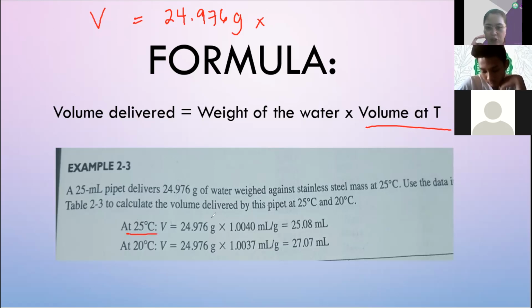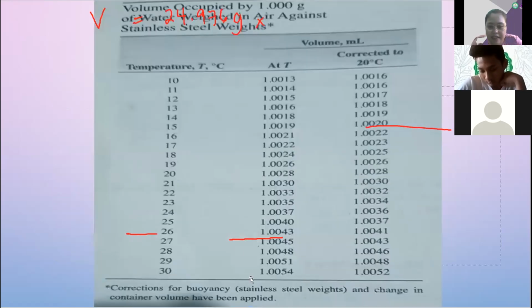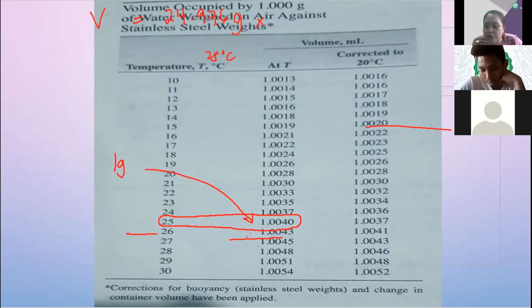Where do we get this value? From the table. Let's go back to the table. Let's find, class, the temperature which is 25 degrees Celsius. Here is the 25. At 25 degrees Celsius, this is the volume the pipette will deliver. 1 gram of water will be 1.0040 ml at 25 degrees Celsius.